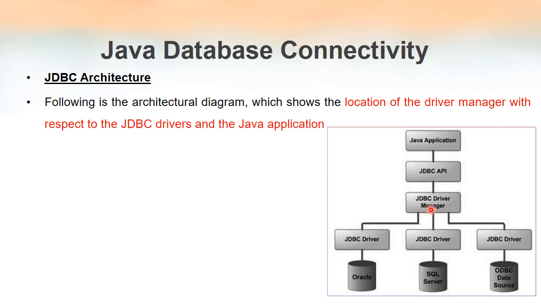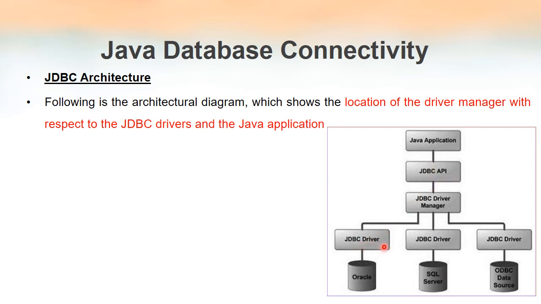It is this JDBC driver manager that helps to connect the JDBC application program interface with the particular driver we are looking for. Without the JDBC driver manager, it's not possible for the JDBC API to get connected with the driver, and without the driver, we cannot access the database. So that's the importance of the driver manager. These are the two different layers of the JDBC architecture.